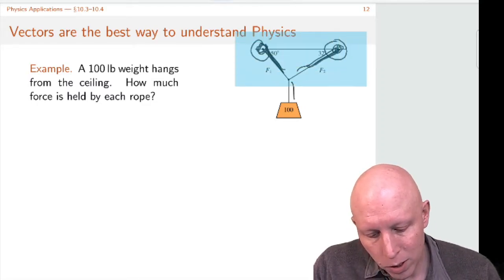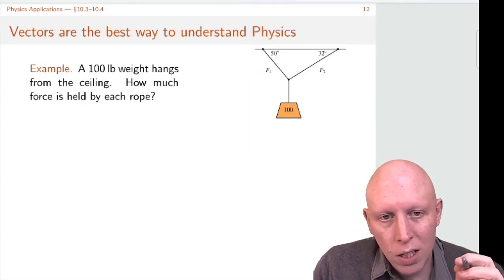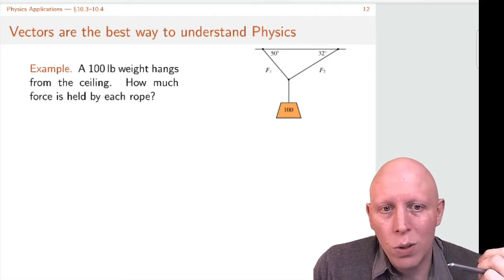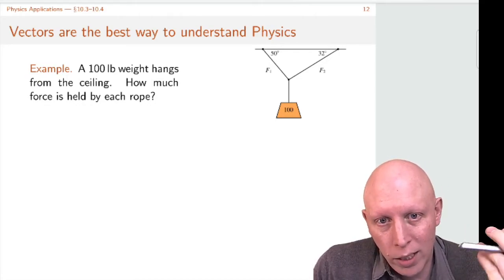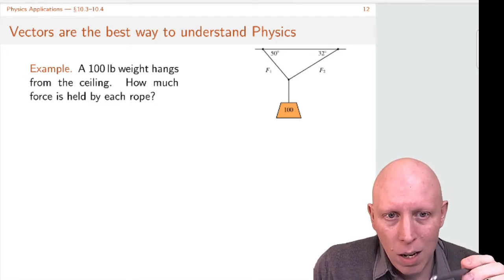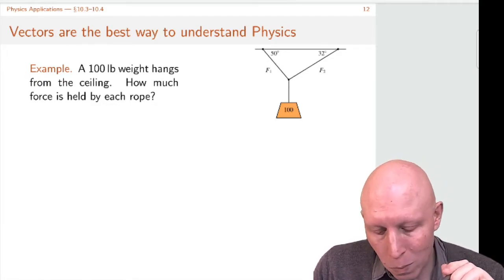The reason we might want to know that is because if there's too much force on a rope, then the rope is going to break. So in this setup, the question is, how much force is there on each of the ropes?